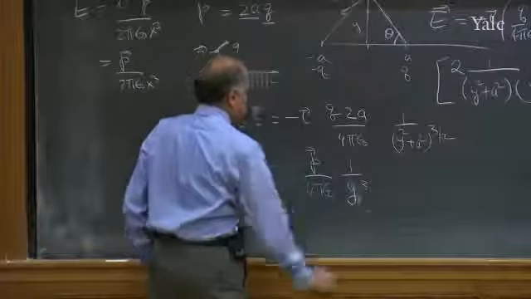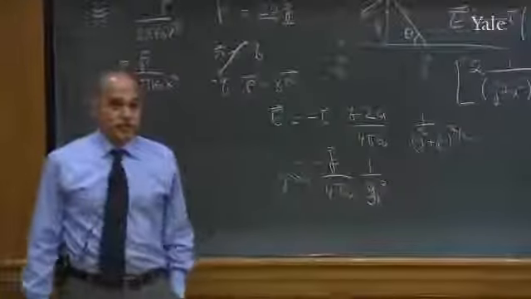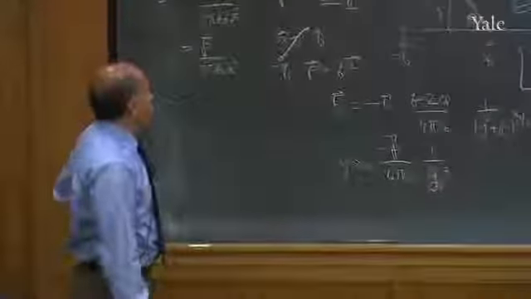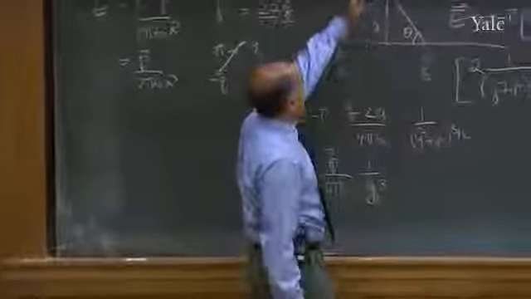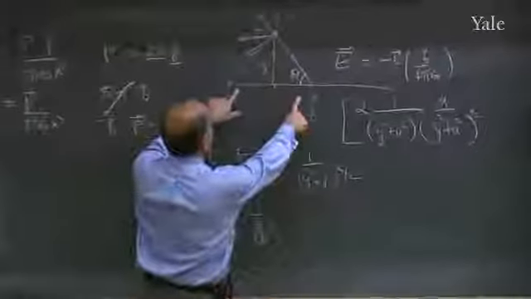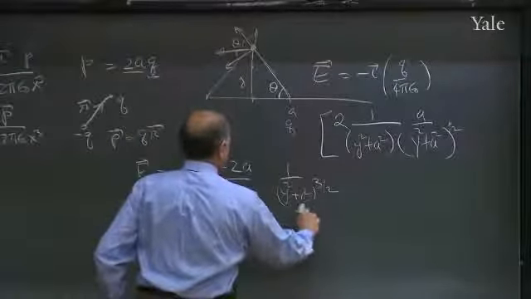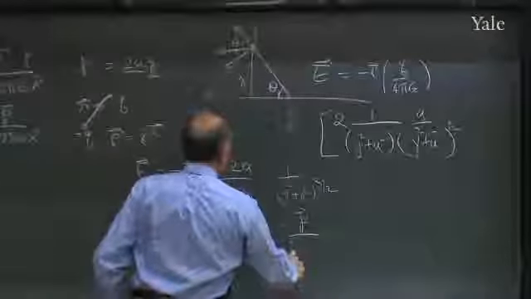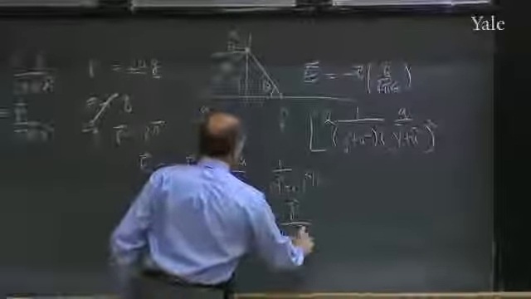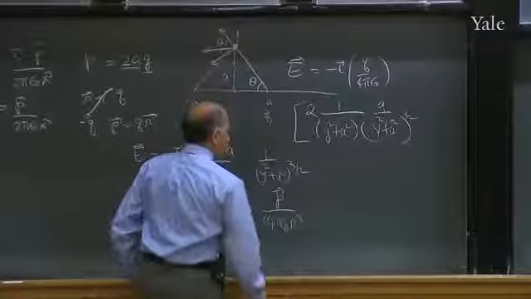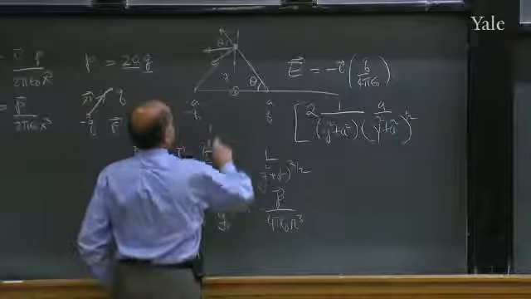Y is really the distance. So if y is 1 mile and a is 1 millimeter, that's essentially the distance. If you like, you can call it minus p divided by 4 pi epsilon 0 r cubed, where r is the distance from the center of the dipole.